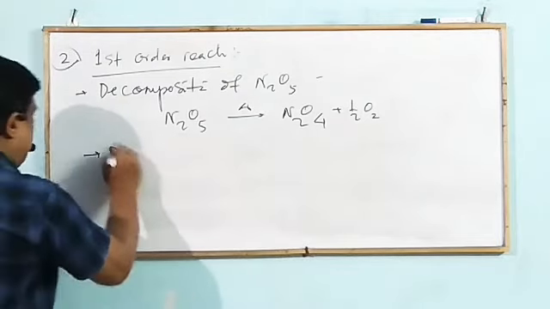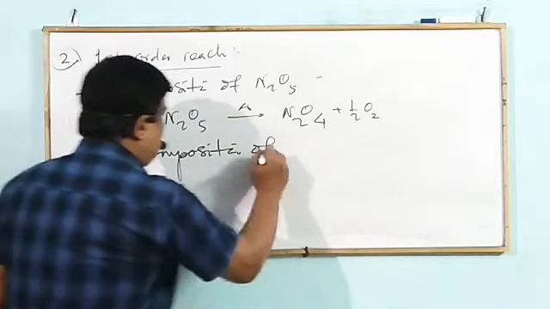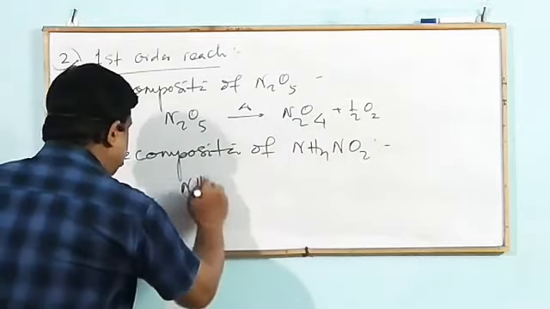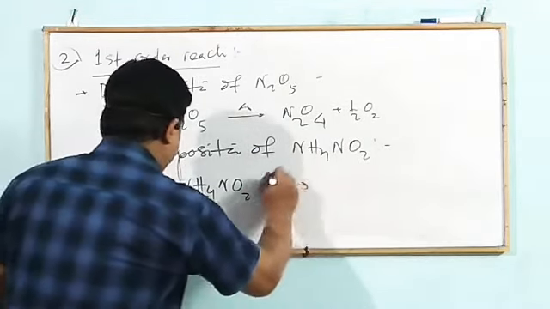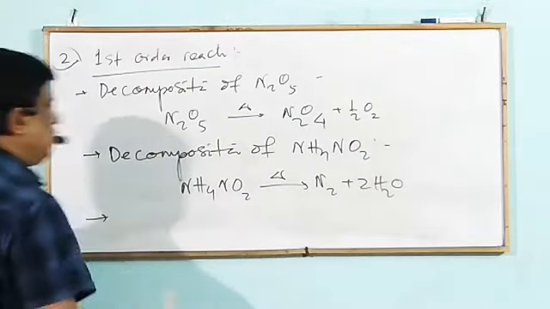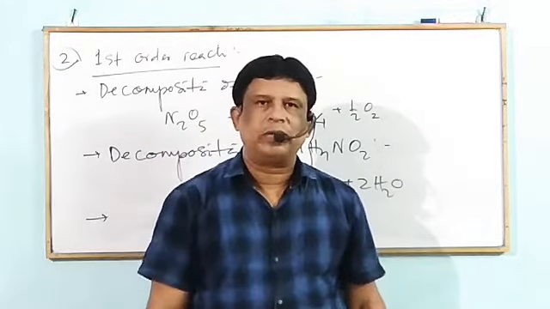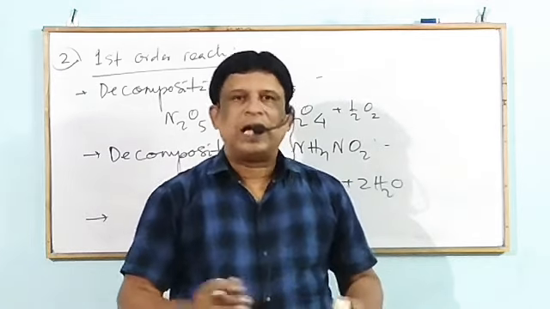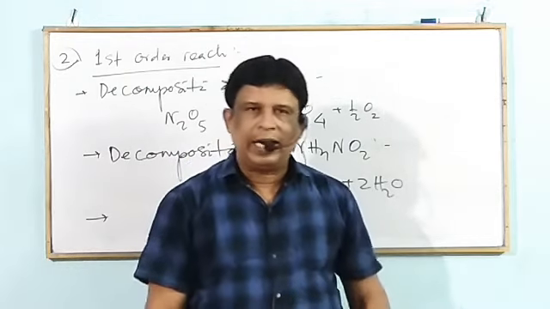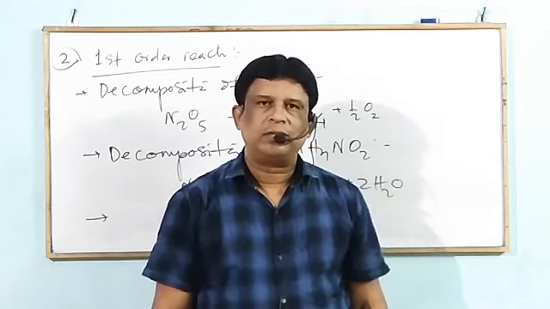Another example is decomposition of ammonium nitrite, NH4NO2 breaks down to N2 plus 2H2O. All the natural and artificial radioactive decay or disintegration follows first order kinetics.